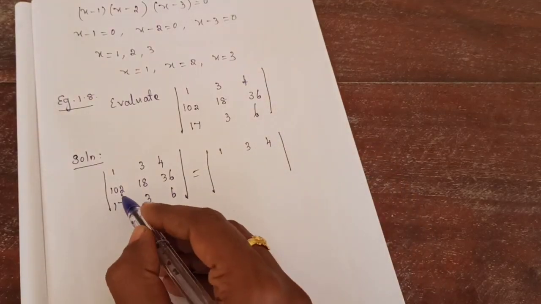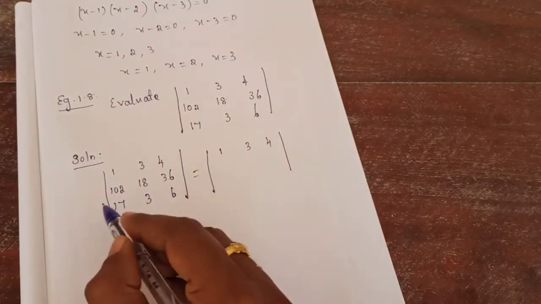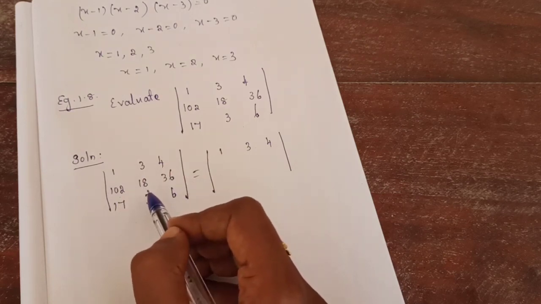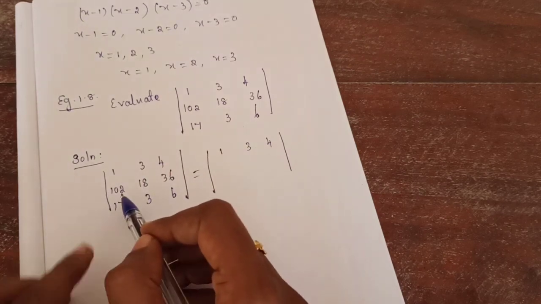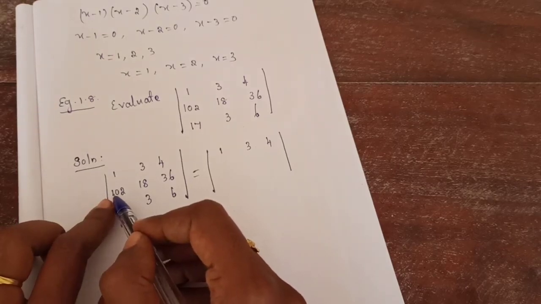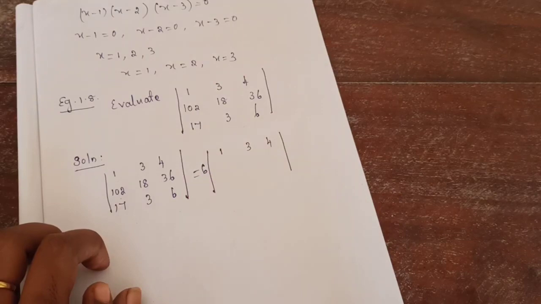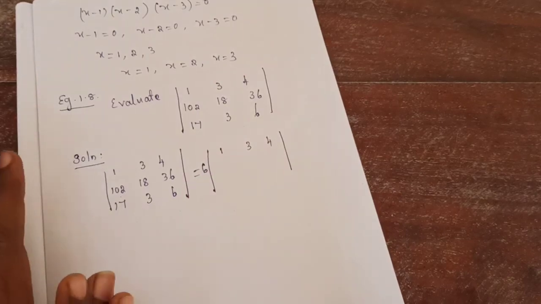In the second row one common element is there: 36 means 6 is common, 18 also has 6 common, and 102 means 6 times 17, so 6 is common. So you can take the 6 outside by using the property.